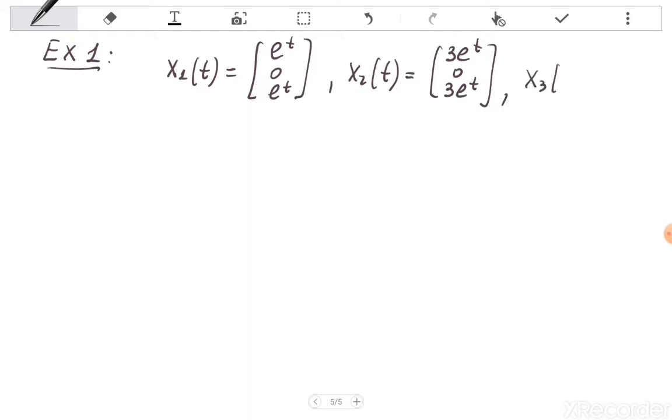And x3 of t is t, 1, 0. The question is, are these vector functions linearly dependent or not. And we can prove that these are indeed linearly dependent.